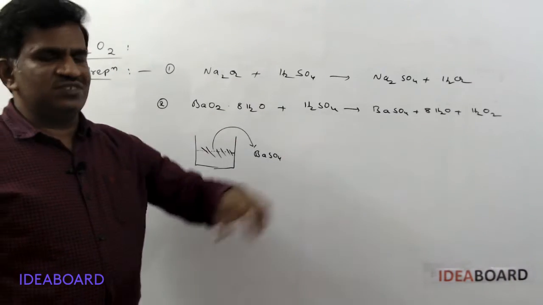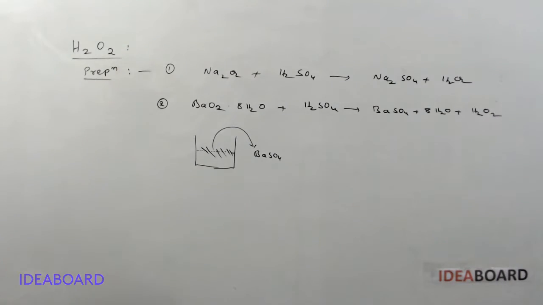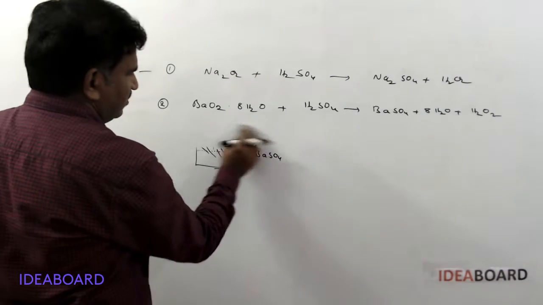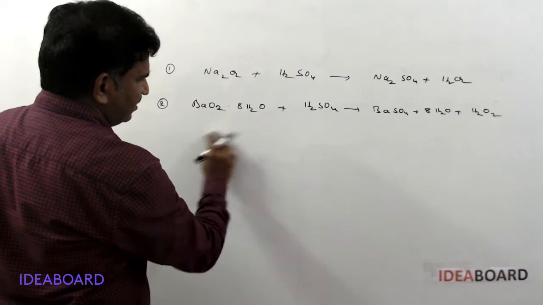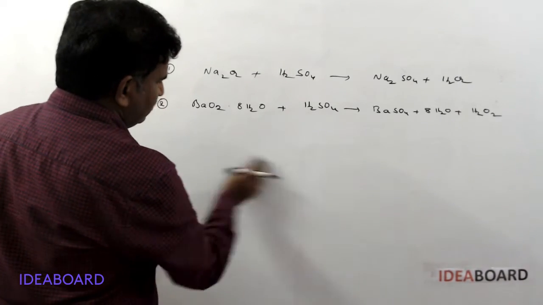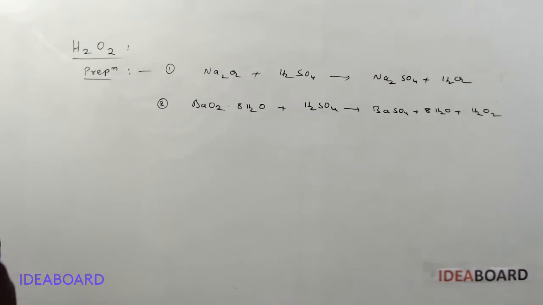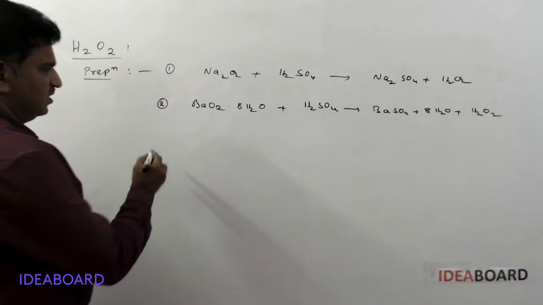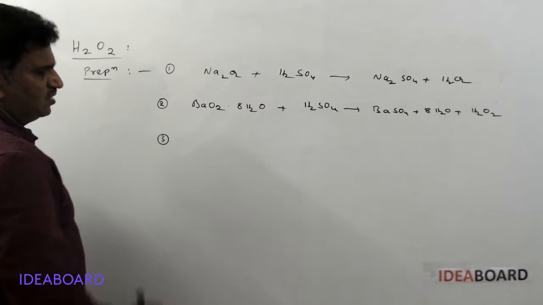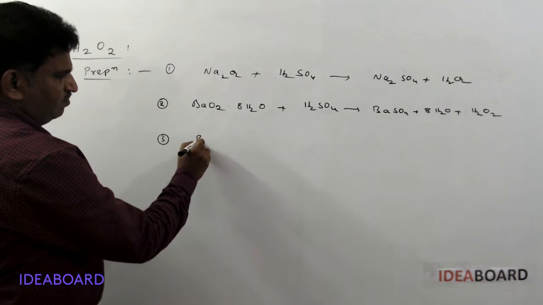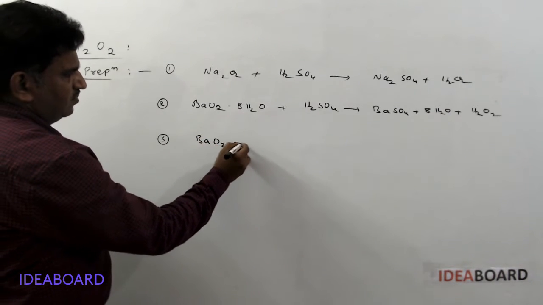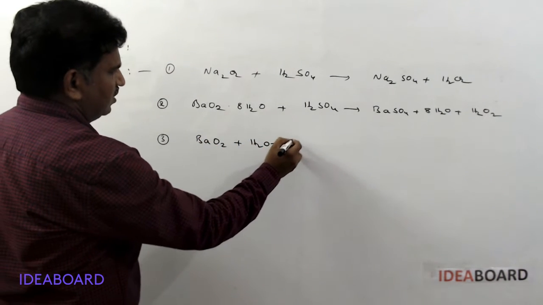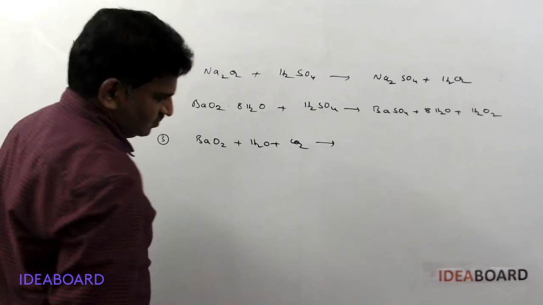So in this process, hydrated barium peroxide is taken. Anhydrous barium peroxide we can't use because the reaction is prevented initially. And next, third and important point is barium peroxide with H2O and CO2 also we can use.